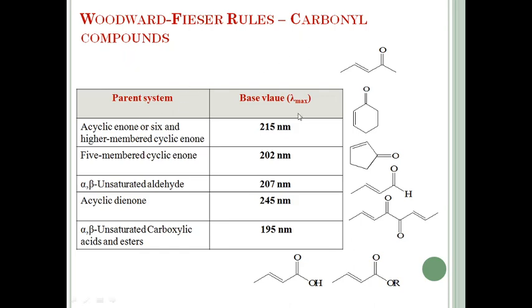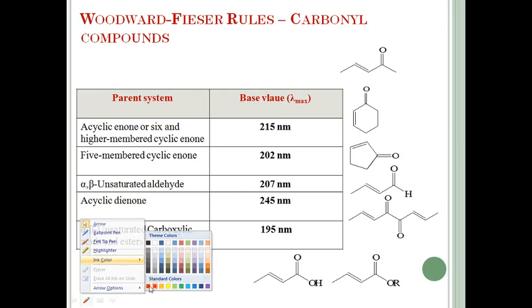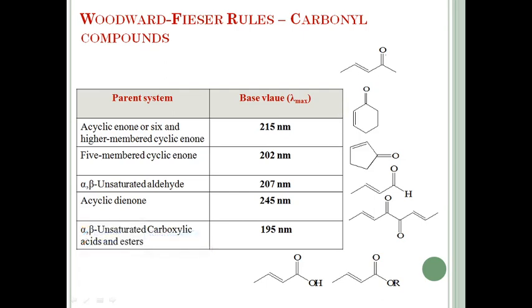Now let me see first carbonyl compounds. Here I am showing a carbonyl compound which has alpha beta unsaturation. So this is known as an acyclic enone, because the system contains a carbonyl system.